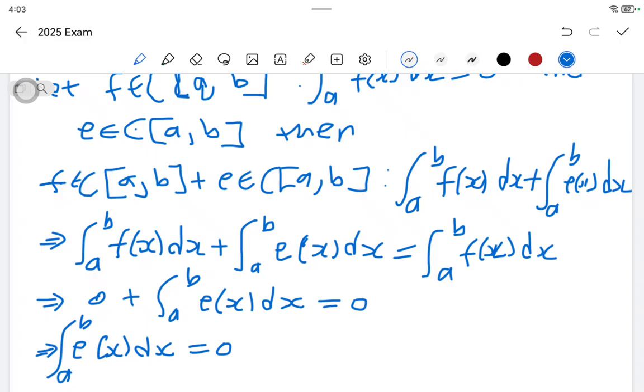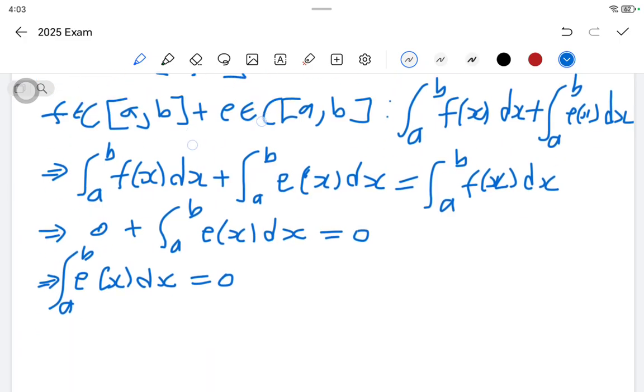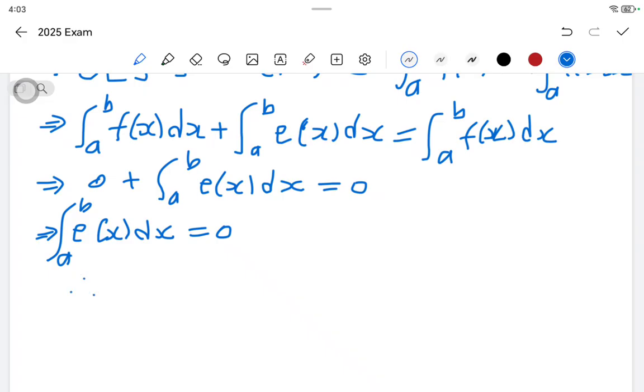So since this is the case, we can say therefore this e will be an element of W, and since this is an element of W, it means that thus the 0 vector holds.